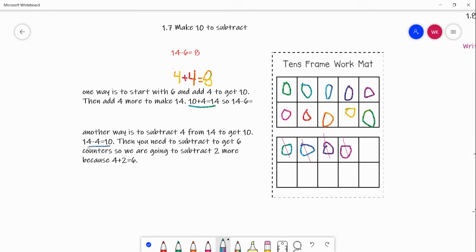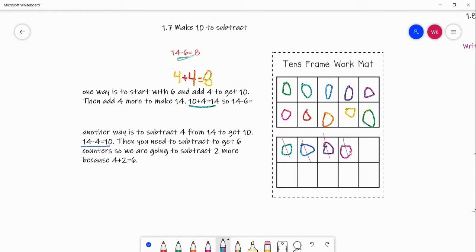I'll go ahead and put a little line under that. Then you need to subtract to get to the number 6. We need 6 counters, because that is one of our numbers in our equation, 6. So to get 6 counters, we already have 4 counters that are crossed off.